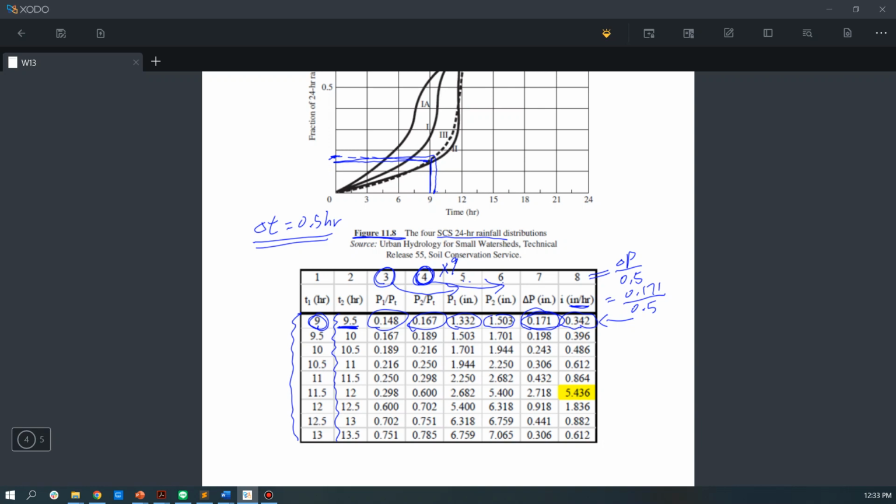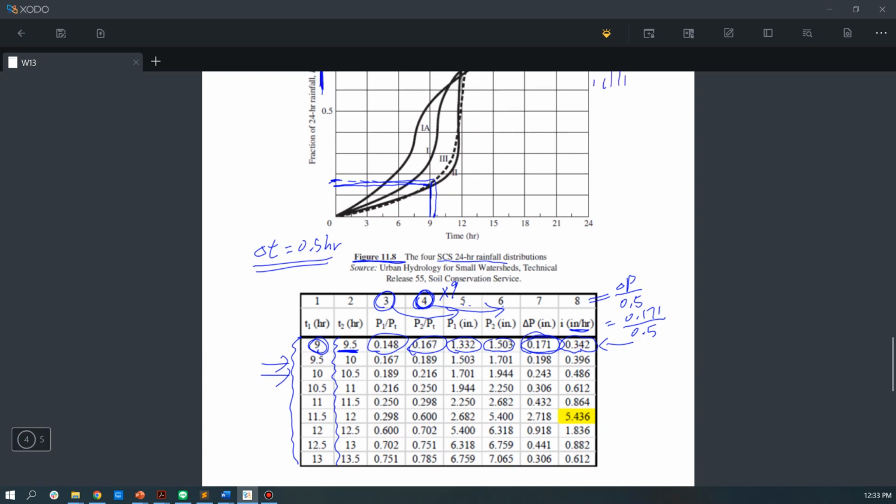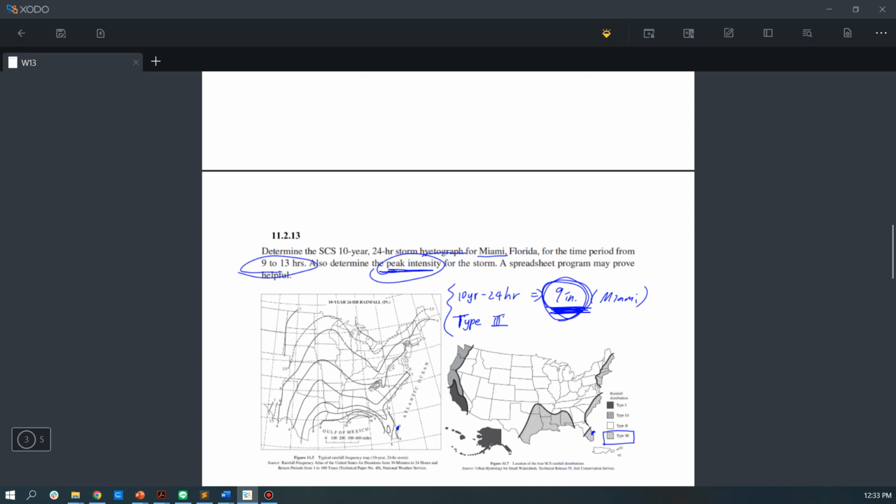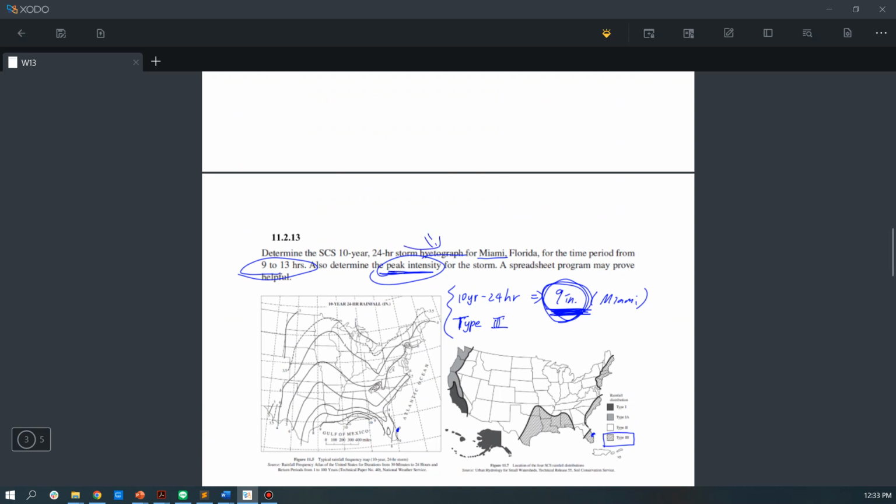And you just follow this step for each row, then you can obtain this table here.